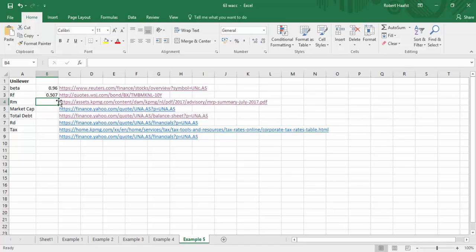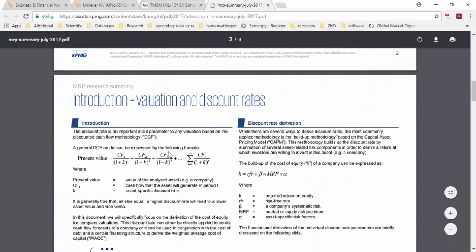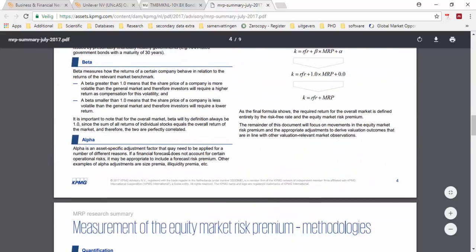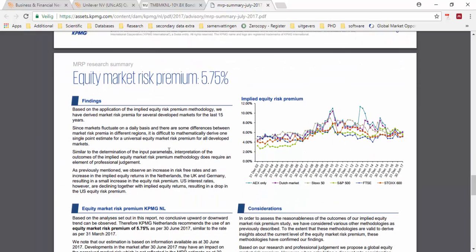Then we want to know the market risk premium, and I have it here from the consultancy firm KPMG. They researched all equity risk premiums, and they found out that as of the 30th of June this year, the risk premium is 5.75%.